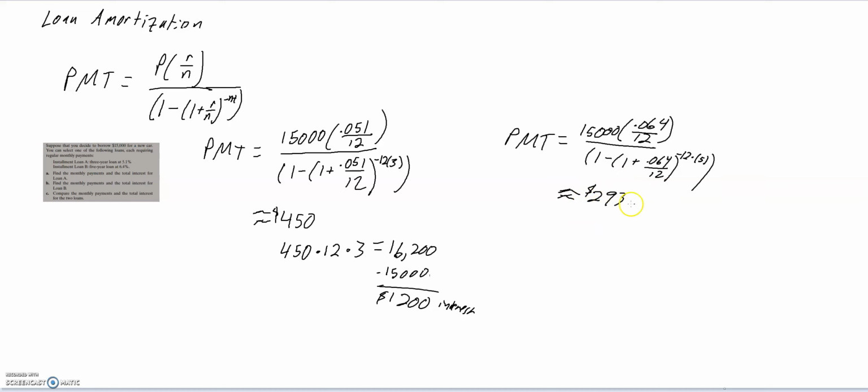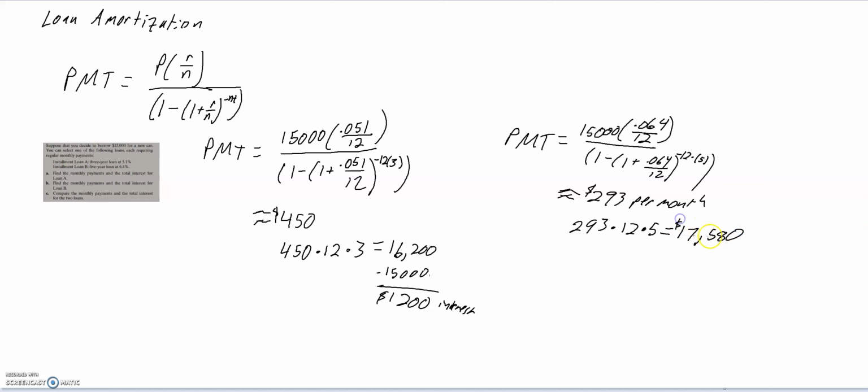So I'm going to have to spend $293 per month. Then we need to figure out what's the total interest. So here, I'm going to take my $293 per month times the 12 months per year times the 5 years, and I find that this is $17,580.